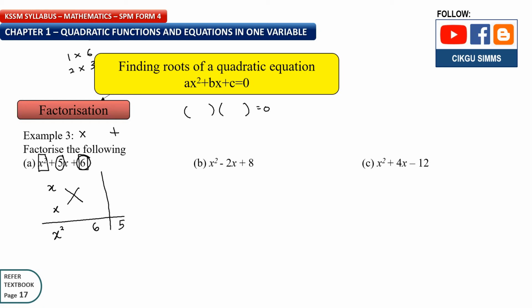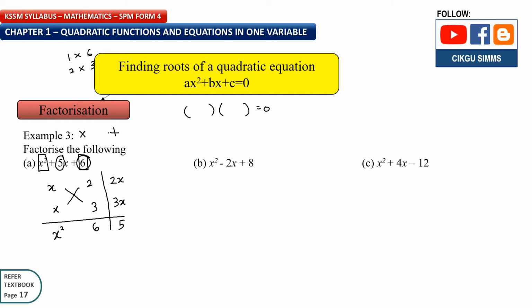You can test 2 times 3. Okay, 1 times 6: if you put here 1 and 6, 1 times 6 is 6. If you put here 2 and 3, 2 times 3 you get 6. And then you multiply 2 with x, you get 2x. 3 multiplied with x, you get 3x.